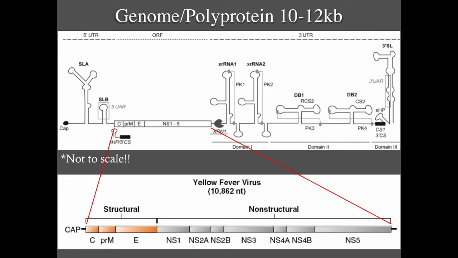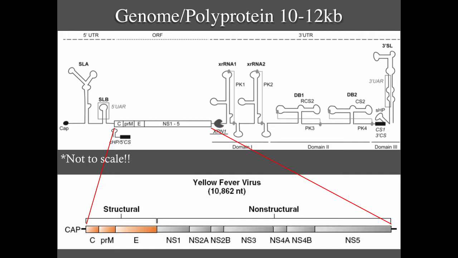There's been a lot of mutational analysis showing that various viruses, once you mess with any one of these stem loops, tend to either be further attenuated or totally unable to replicate.